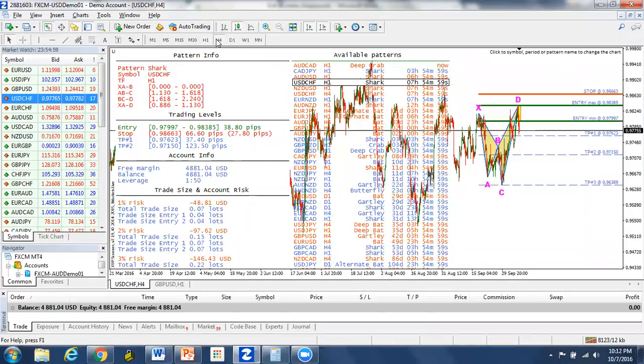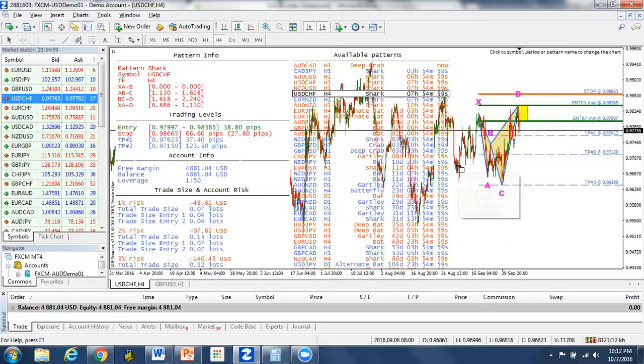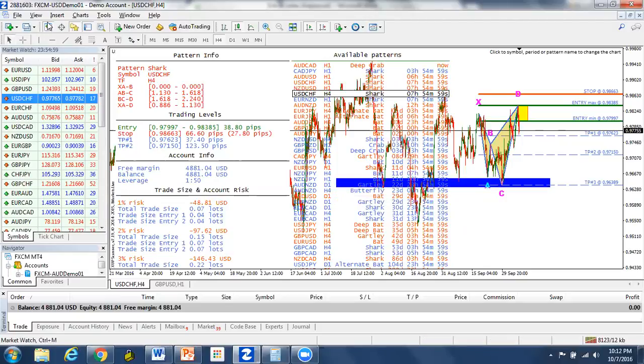I can't zoom out any further. Okay, but you can see a general area here where the market likes to hang out, where it touched and it went back up. Then you can see another general area.